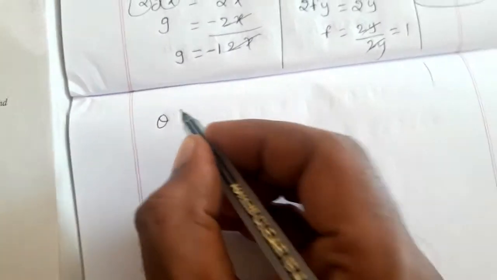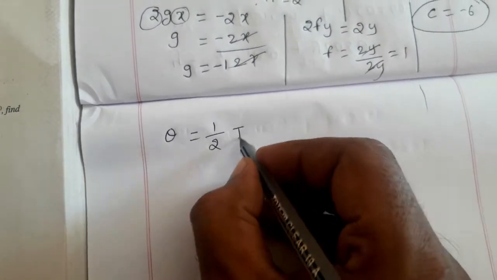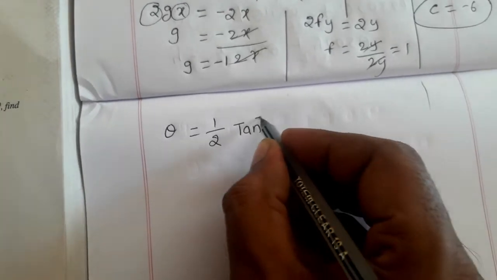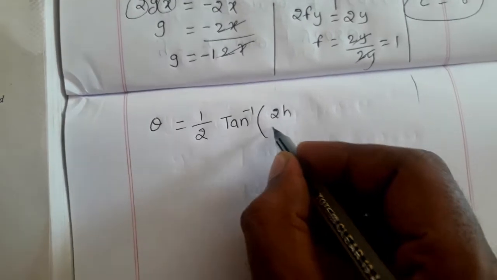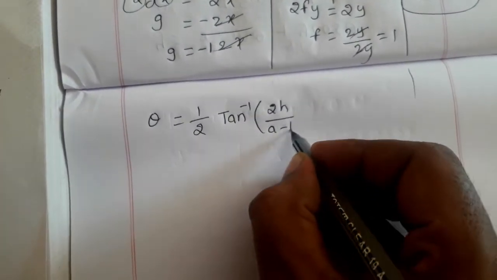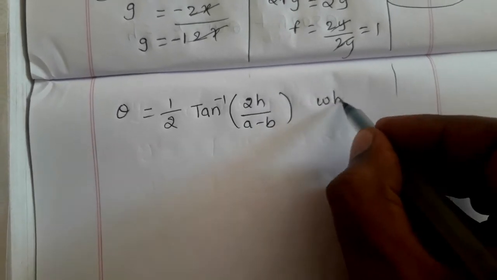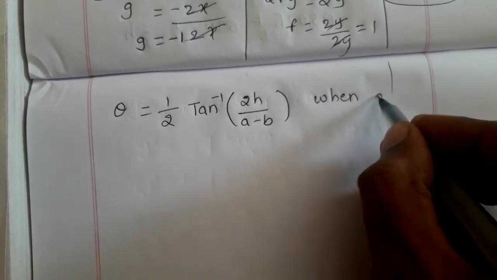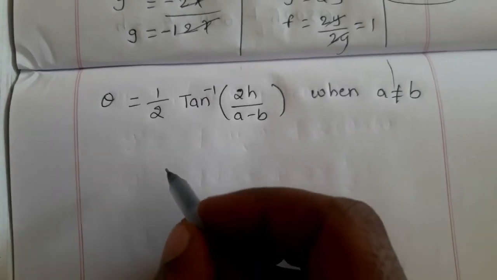So what is the formula? Theta is equal to 1 by 2 times tan to the power of minus 1 of 2h by a minus b. When do we have to use this formula? When a is not equal to b.